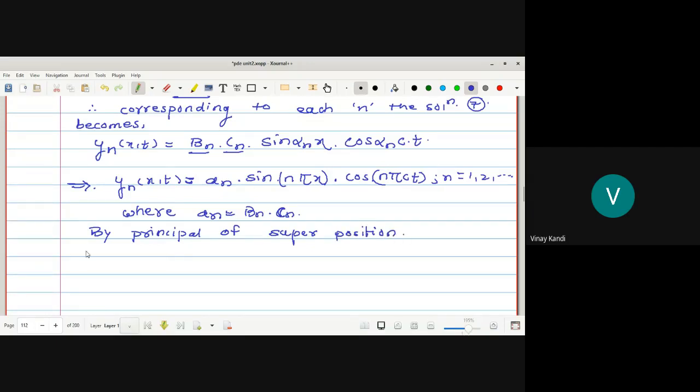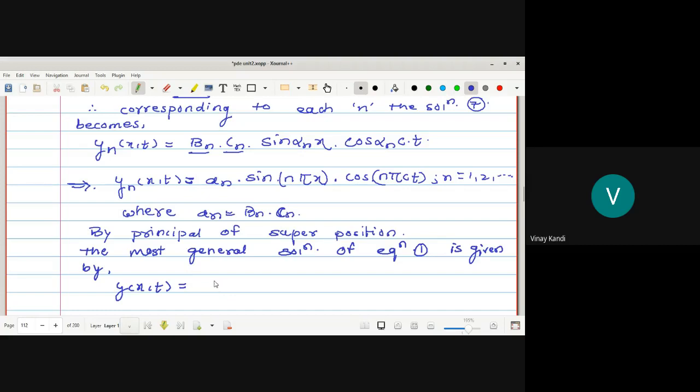By superposition, the most general solution of equation 1 is given by y of x t is equal to the summation, just as there y1 plus y2 plus y3, f1 plus f2, is given in terms of f.